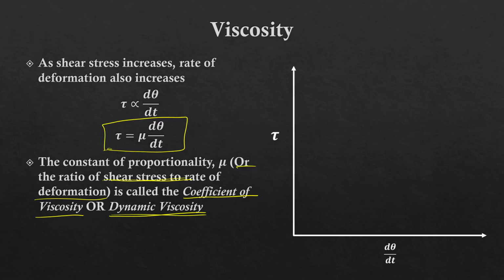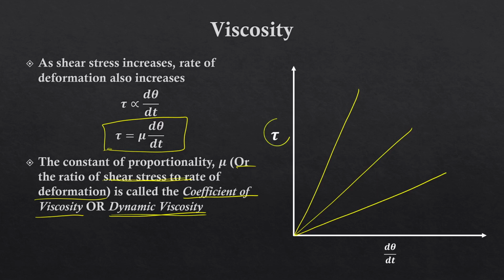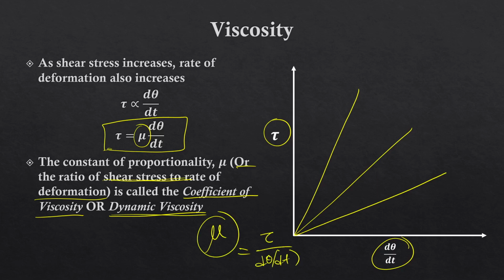So as we have discussed, different fluids will have different relationship between shear stress and rate of deformation or rate of shear strain. So the coefficient of viscosity mu, which is equal to the shear stress divided by d theta by dt, will be basically the slope of these relationship curves between stress and rate of strain.